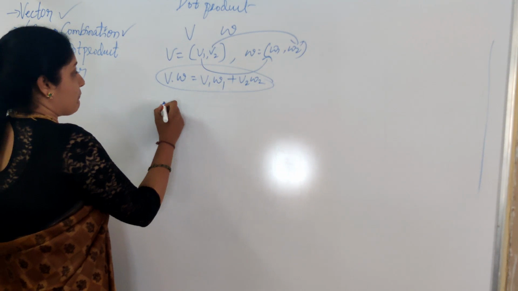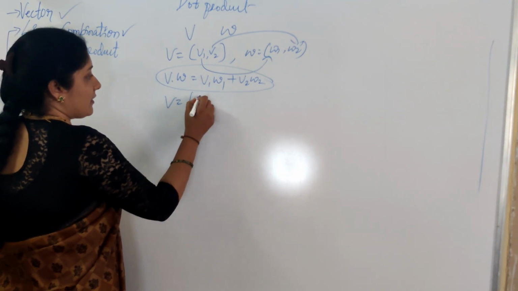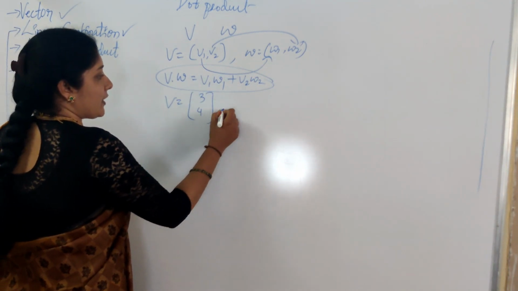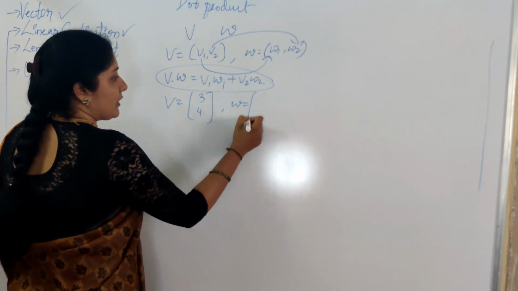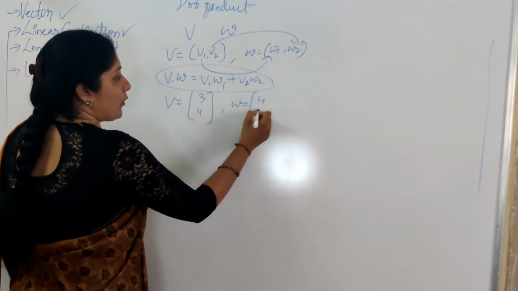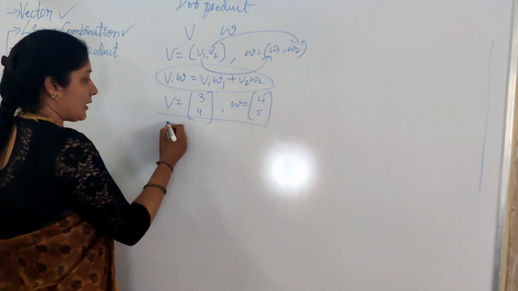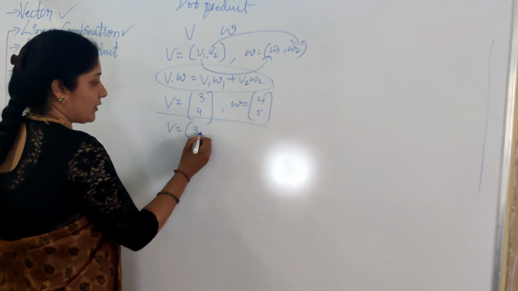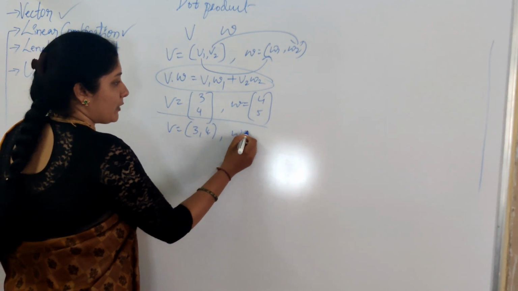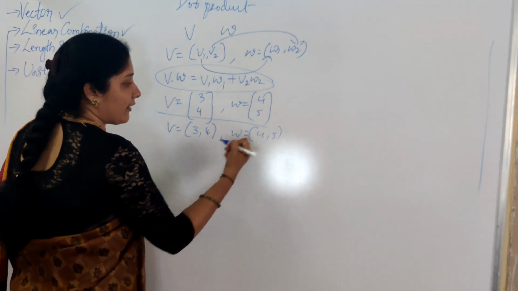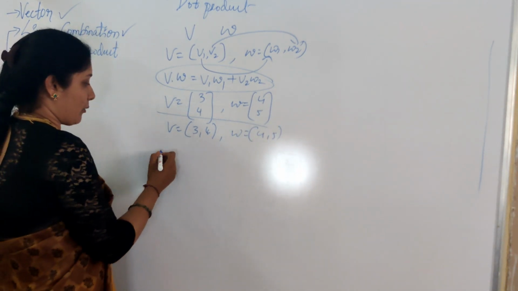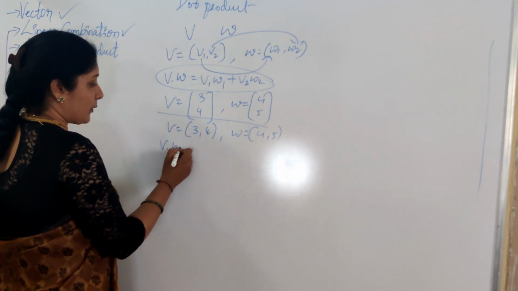For example, v is (3, 4) and w is (4, 5). We can write the vector like this, or v is 3, 4 and w is 4, 5. We can write in this way also. Now, what is the dot product v dot w?